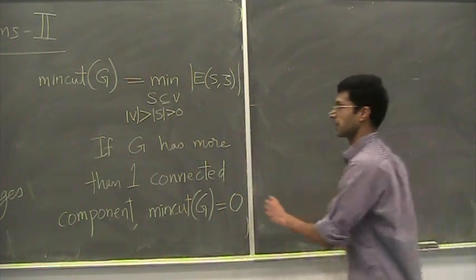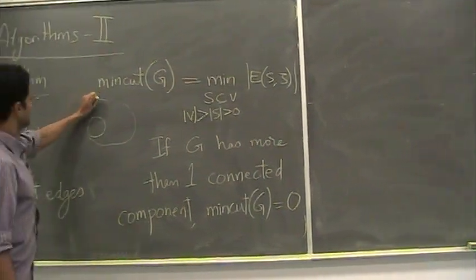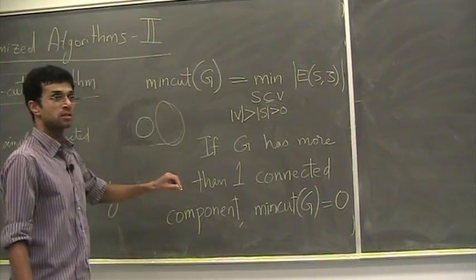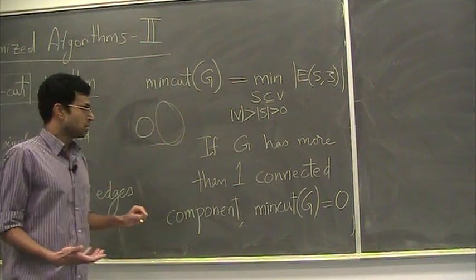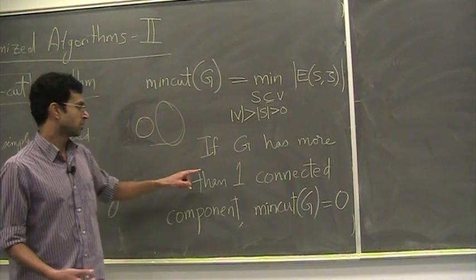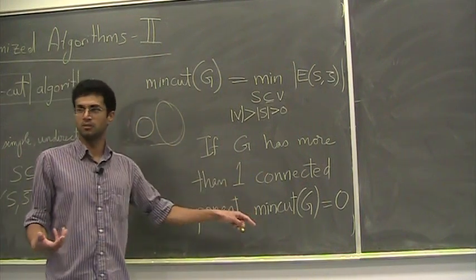Because if you have a graph and this is a connected component, so actually your graph looks something like this, there are no edges in between, so the min cut value is 0. And actually, if you think of it, it's if and only if. G has more than one connected component if and only if the min cut value is 0.